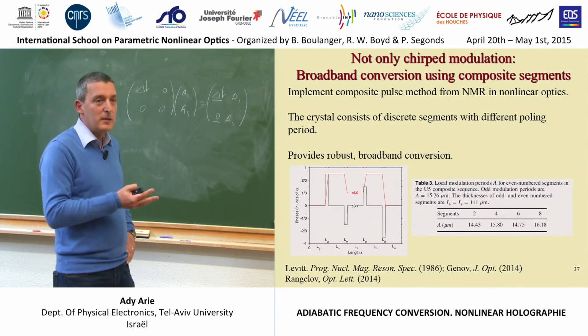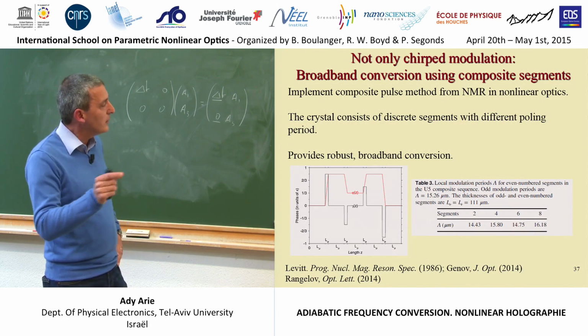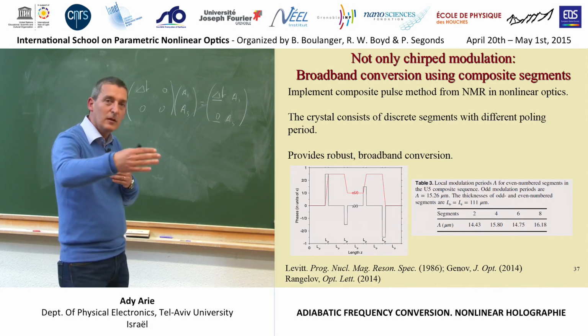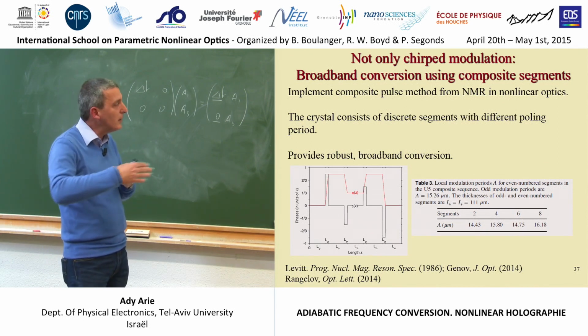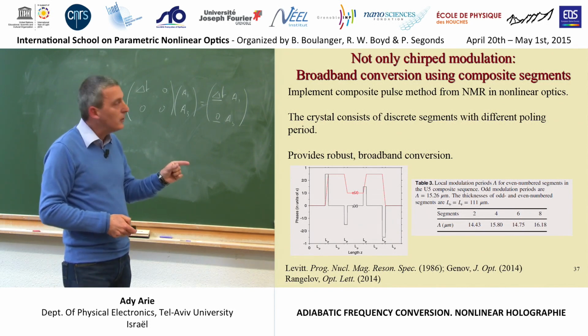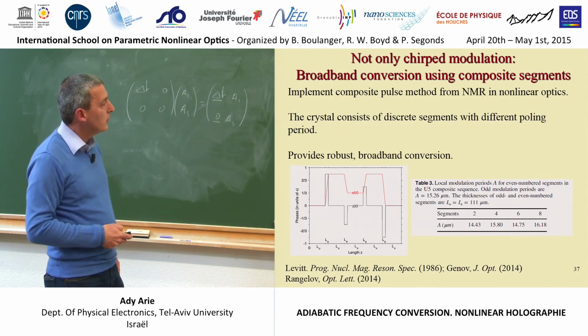Here, instead of pulses, they do steps of different periods in different segments of the crystal. But it's not some linear chirp. They have some fixed lengths, and in each length they have a different period. And this provides a robust and broadband conversion.